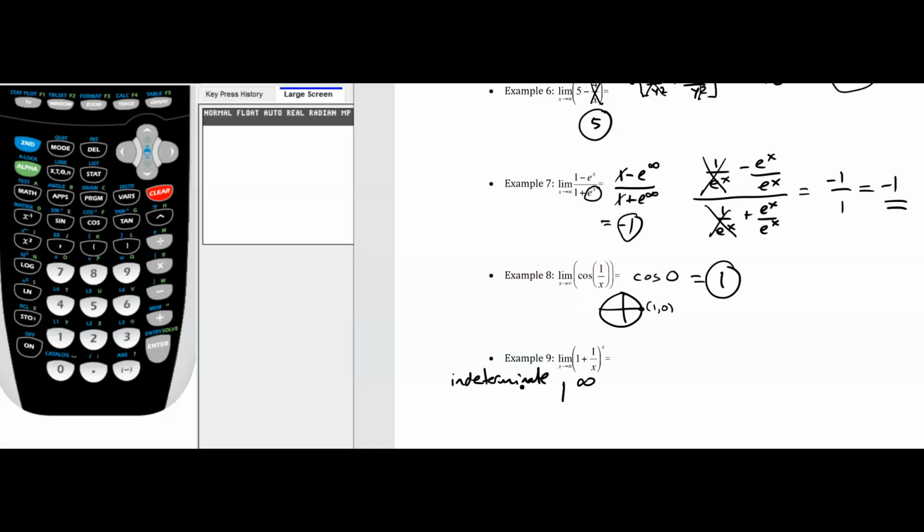We're going to look at indeterminate forms a little bit later in this chapter, actually, when we talk about something called L'Hopital's rule. 0 over 0 is an indeterminate form, 1 to the infinity. Even 0 to the 0 is an indeterminate form, or infinity minus infinity.